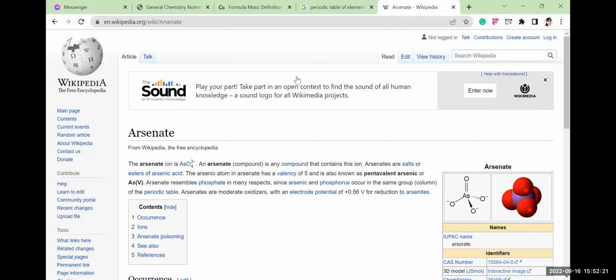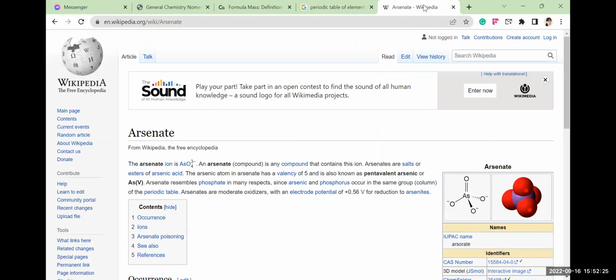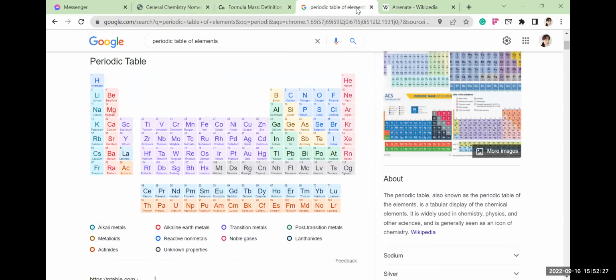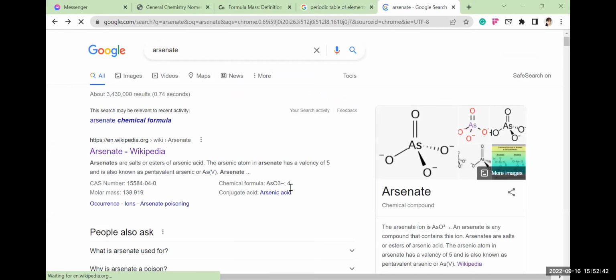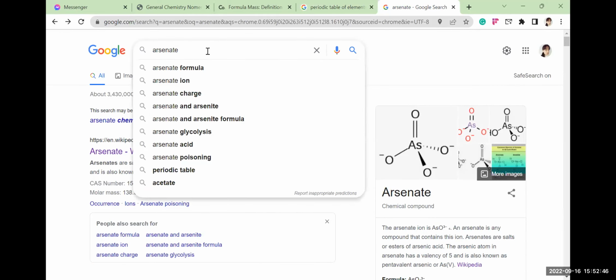If you have calcium, here's a periodic table. Calcium has 2 plus. So you would have, okay. But it says arsenate chemical formula.